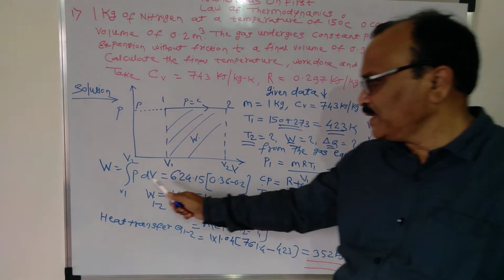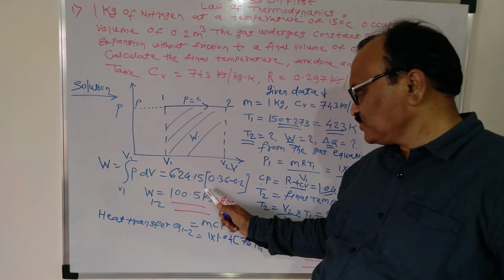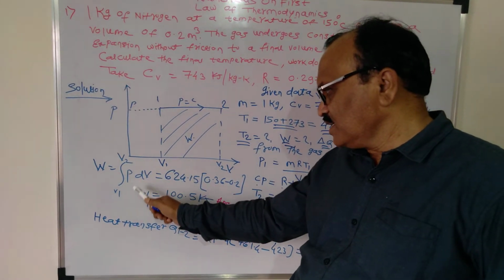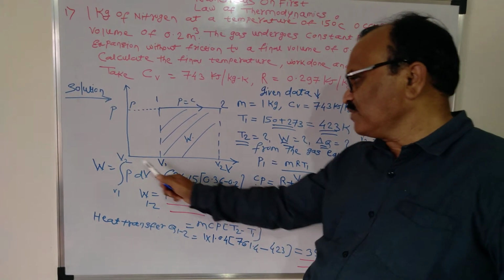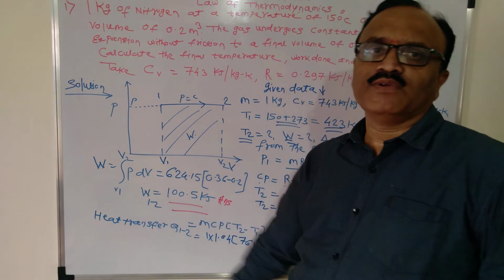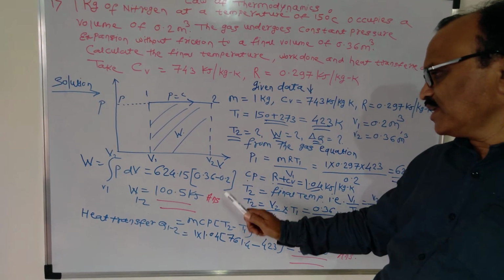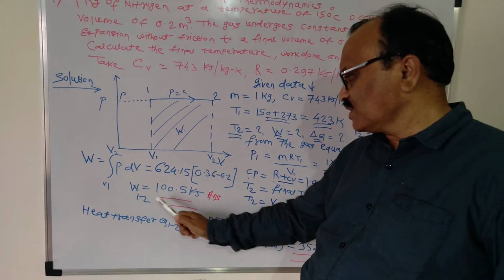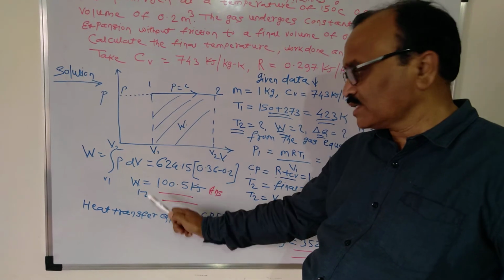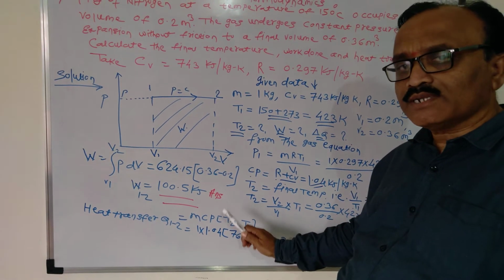Here P is constant, so it comes out of the integral sign, and we take the integration of dV, that means final volume V2 minus initial volume V1. By using this, we get the work done for the process, that comes to 100.5 kilojoule. So this is our second answer.